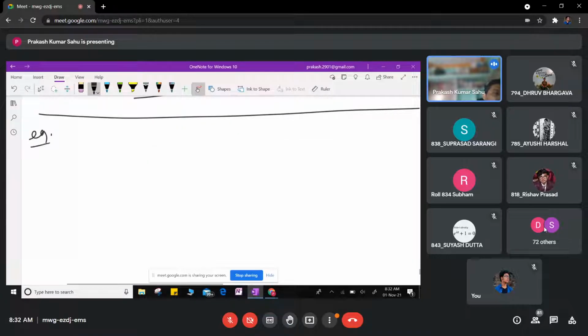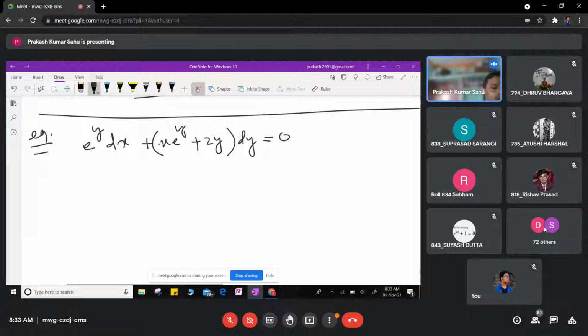The same problem we solved previously. Suppose e to the power y dx plus x into e to the power y plus 2y dy is equal to 0. So here M is equal to e to the power y and N is equal to x into e to the power y plus 2y.